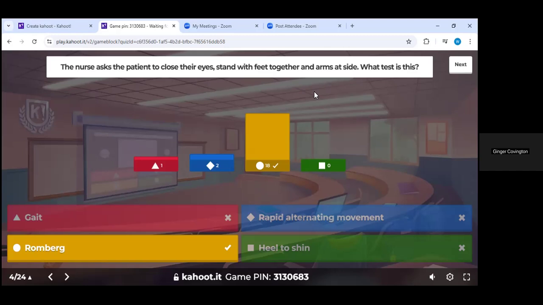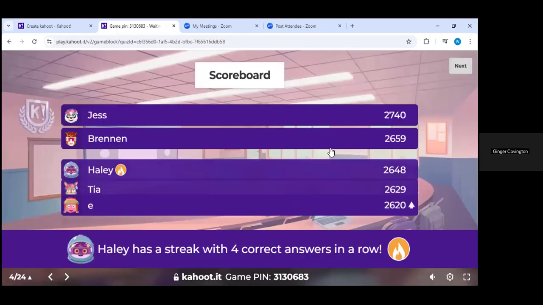What would the patient do with their eyes closed? They would have imbalance basically. Yes, they'd start swaying and start to fall. So make sure though you go back and look at the examples of the rapid alternating movements and heel to shin. And of course, we talked about gait as well.